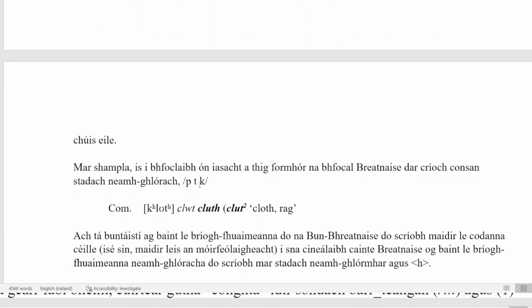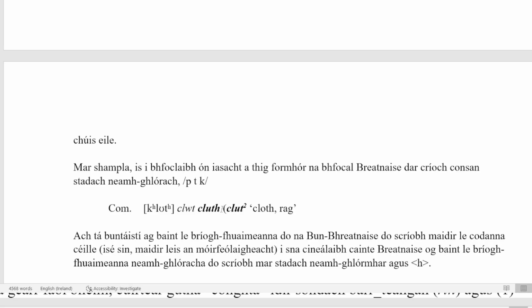So for example, just the Welsh word for cloth. In Welsh, it's usually in borrowed words that, if a Welsh word ends with a P, T or K sound, that's usually a sign of a borrowed word. So the Welsh word for cloth is currently spelled like this, CLWT, pronounced clut.